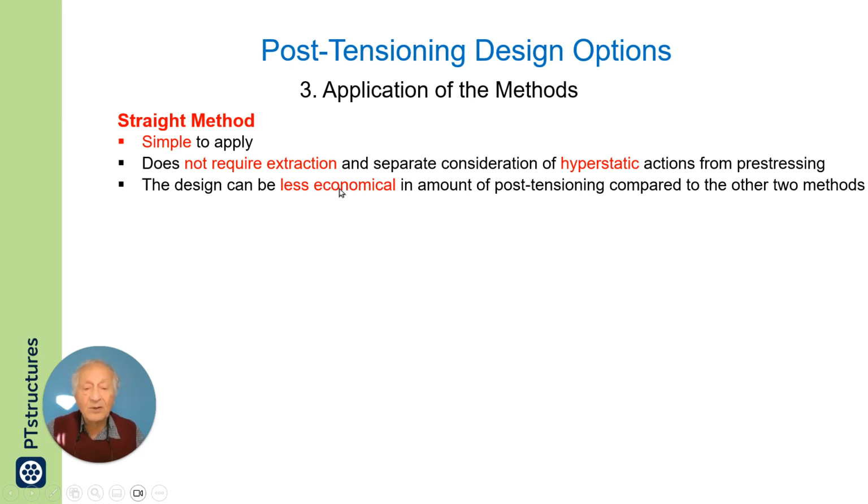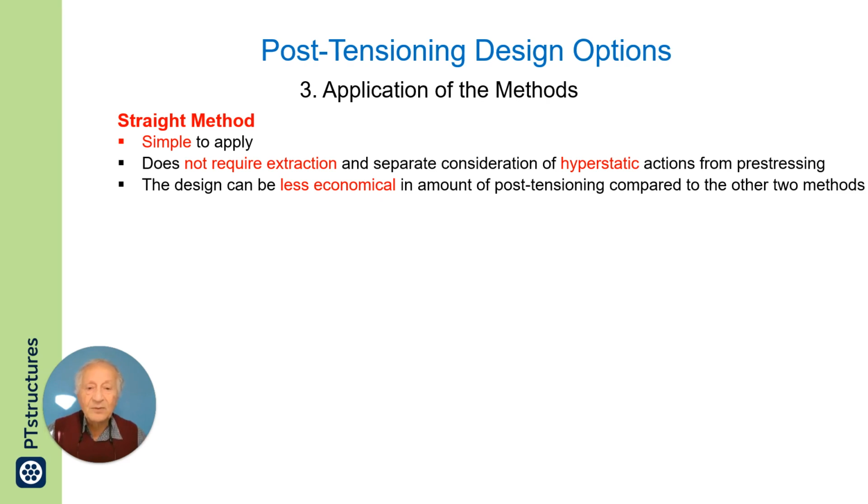When I say less economical, in some instances, not so much in ACI, in some instances you end up using more post-tensioning. I would say not so much in ACI 318, because in many instances the amount of post-tensioning arrived at using ACI 318 is from the serviceability check, not the safety check.